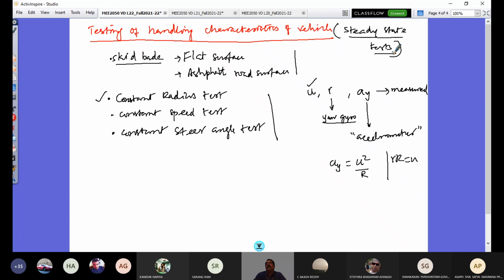That means you are trying to see that the yaw velocity, the lateral velocity or the forward speed are all not going to be varying as a function of time; they are time invariant. So those steady state tests are conducted on a real vehicle: the constant radius test, the constant speed test, and the constant steer angle test. Let's look at these tests one by one, right?